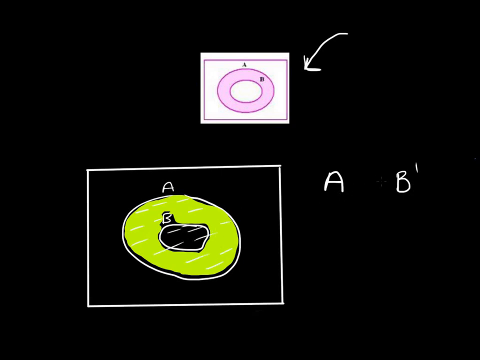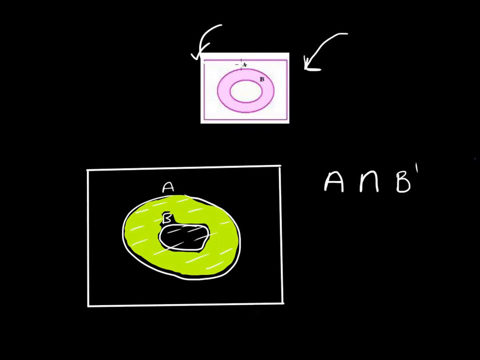But because we also have B complement, which would be everything other than B, the only parts that would interact and intersect, that would form this image up here, would be when we have an intersection of A and B complement.